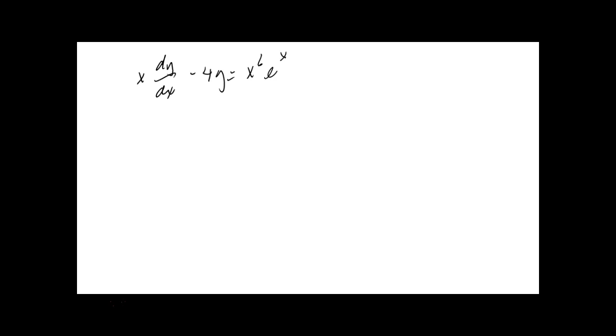Now, what you're suggesting is exactly what we do next. Divide everything by x. So what is our new differential equation? That goes away, and it's dy/dx minus 4y over x, or I would say minus 4 over x times y, because we want to write that as a p of x.